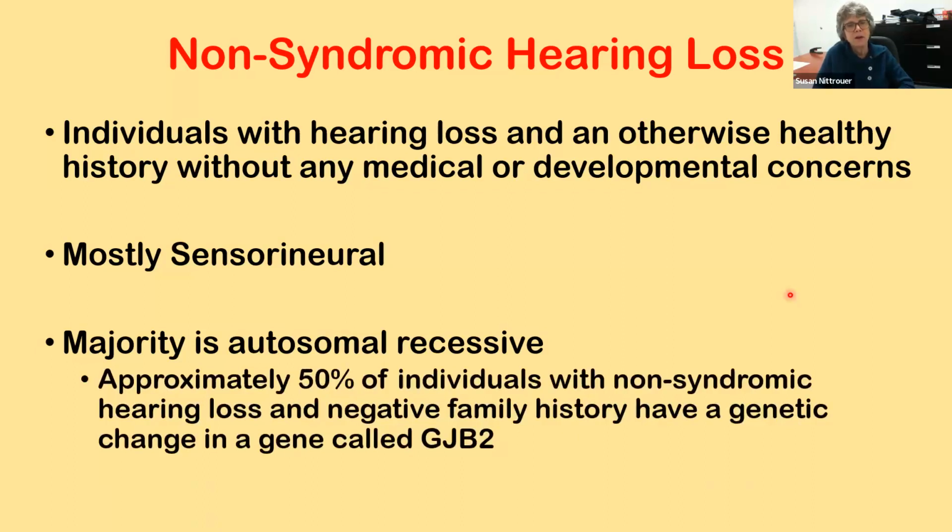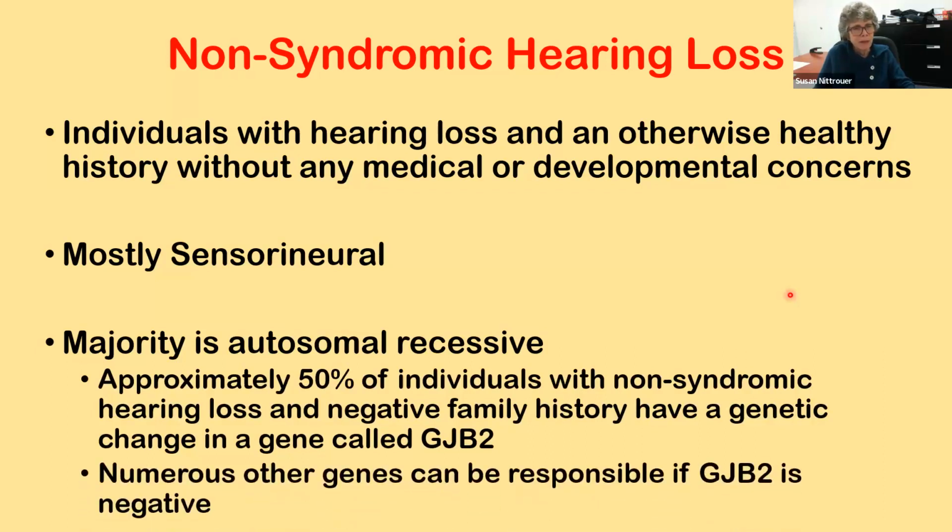And approximately 50% of individuals with non-syndromic hearing loss have negative family histories of hearing loss, and they have these connexin deficits, also known as GJB2. Okay, so the gap junction deficit. And of course, there are other genes that can also be responsible for autosomal recessive congenital non-syndromic hearing loss. Okay.